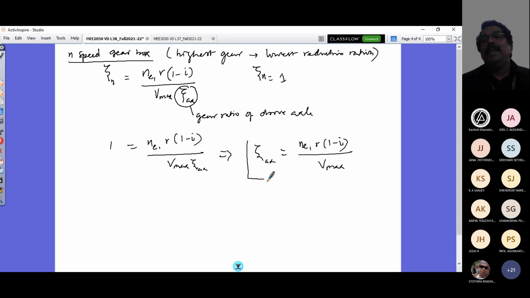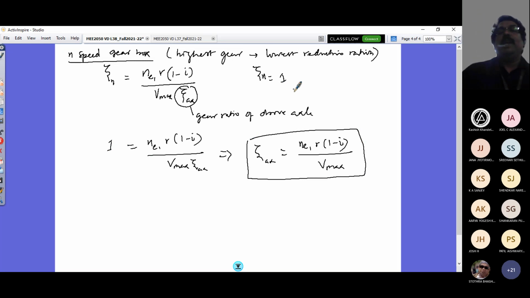My drive axle gear ratio I can find out by considering 1. If I have overdrive of 15%, then instead I will take 1.15, and then I will get my gear ratio of the drive axle. This is how I can find my highest gear in a gearbox with n speeds.